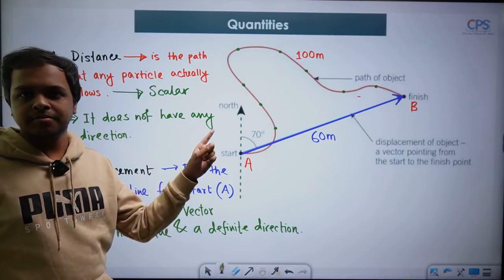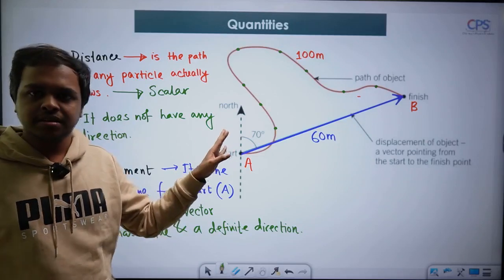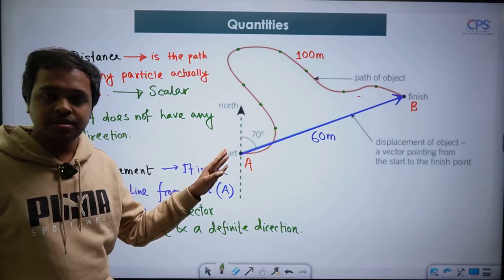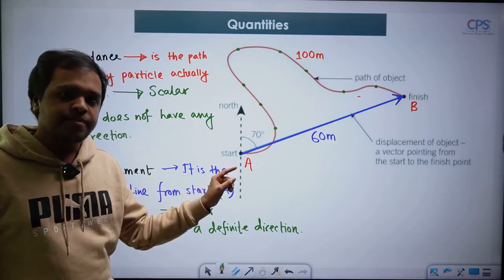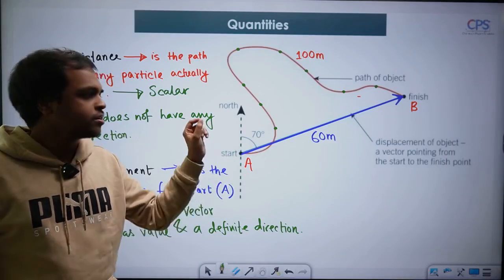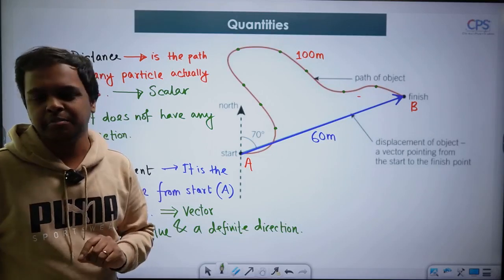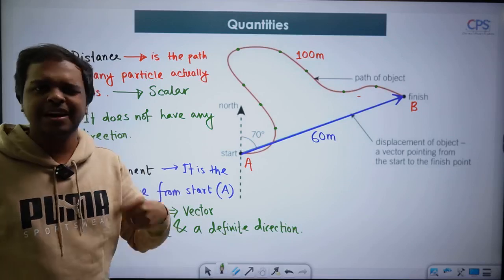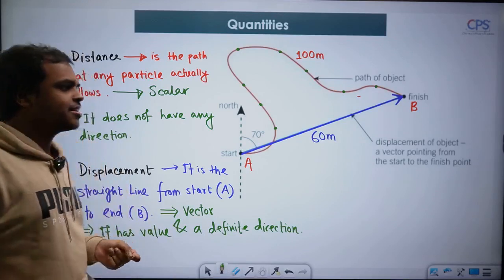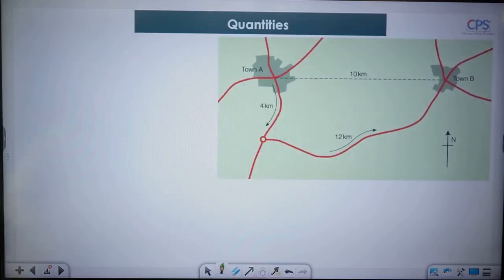Scalars are values only that can be in any direction, but vectors are a value and a specific, definite direction. Okay, sorry about my English. I am not a native English speaker, so you will get used to me, right? Okay, so let's have a practice.